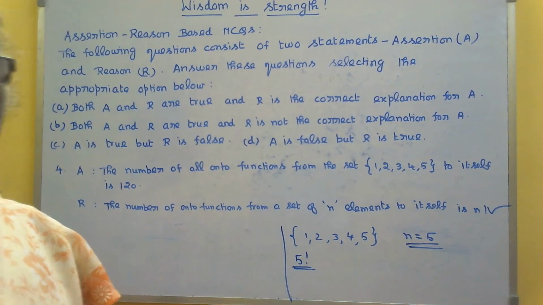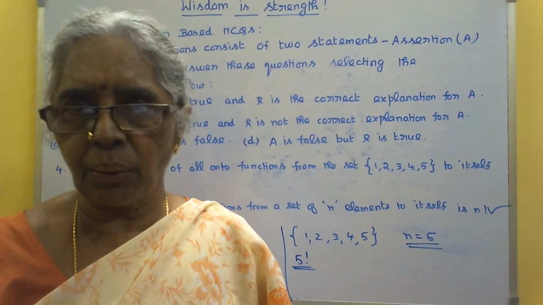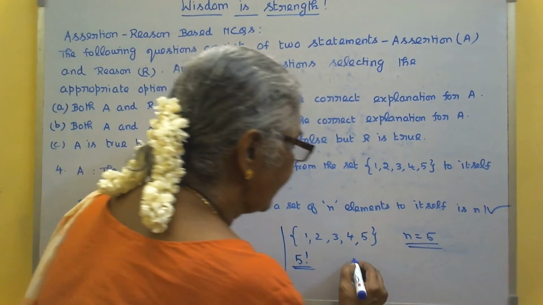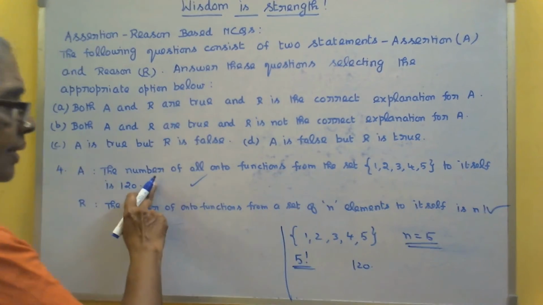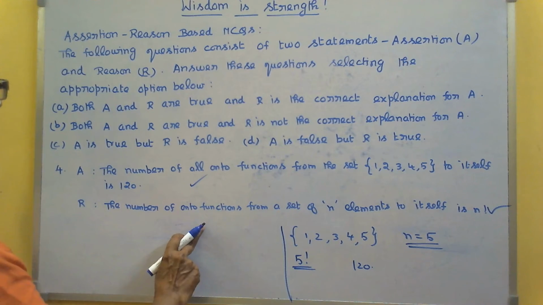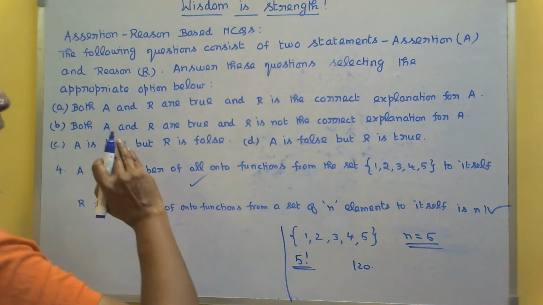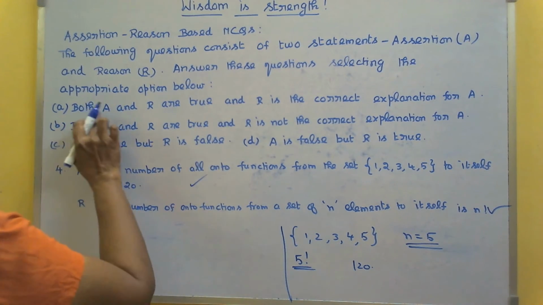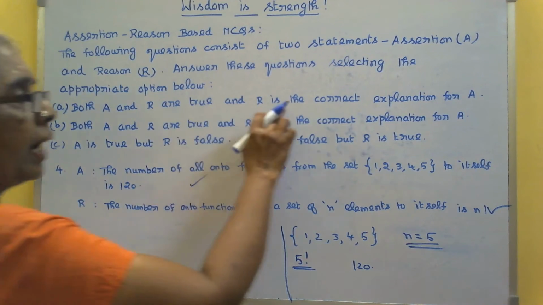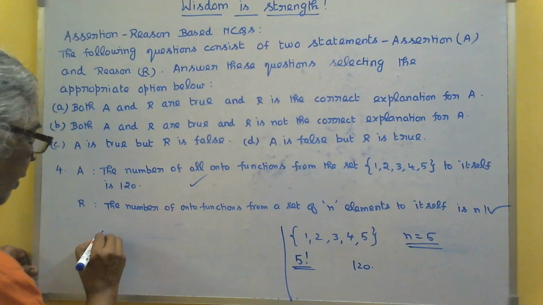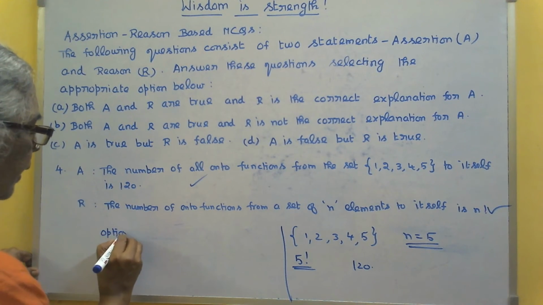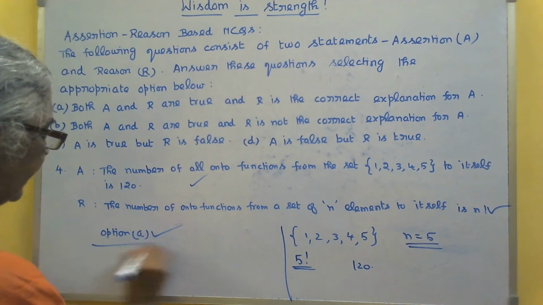What is 5 factorial? 5 into 4 into 3 into 2 into 1, which is 120. So, the assertion is correct and the reason is correct. The reason is the correct explanation for that. So, now both A and R are true and R is the correct explanation for A. So, here option A is the correct answer.